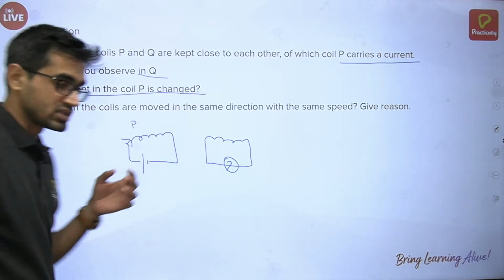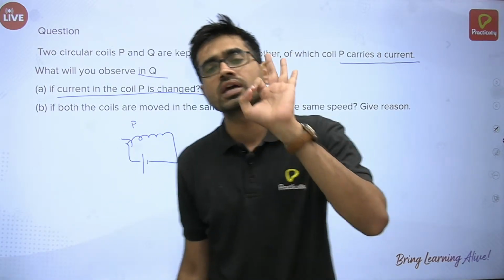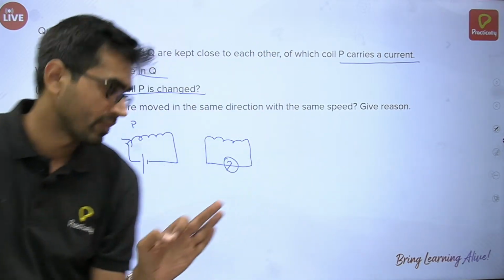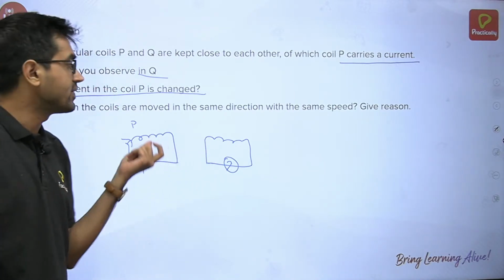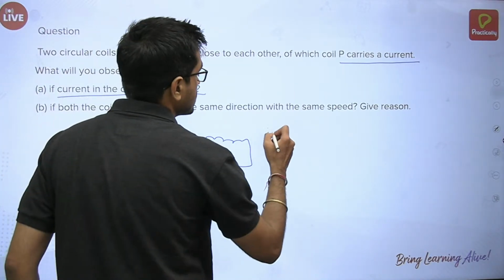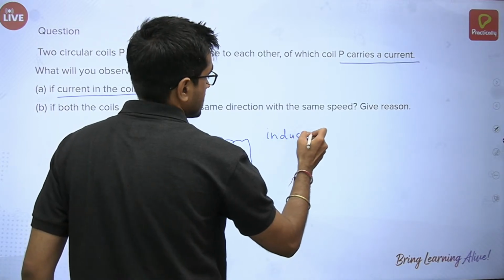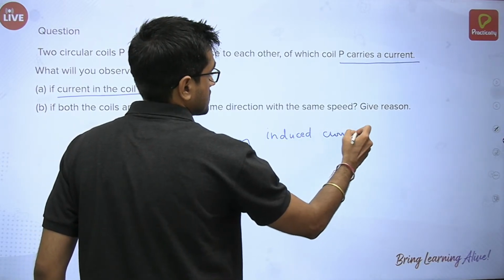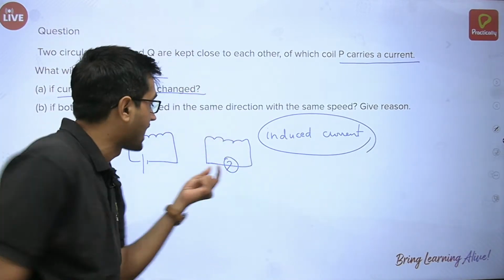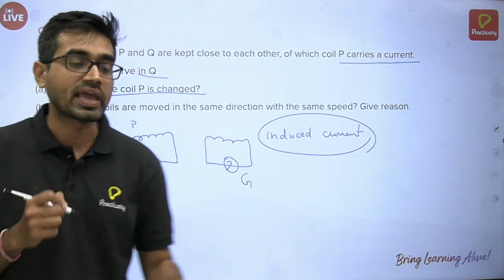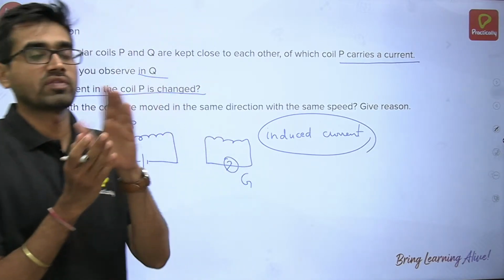coil P is changed? Whenever there is a change in the current flowing through a coil, the flux attached to another coil changes, the magnetic field changes, and a current is induced. So there will be a sudden deflection in the galvanometer G. The galvanometer basically determines the direction of the flow of the current.